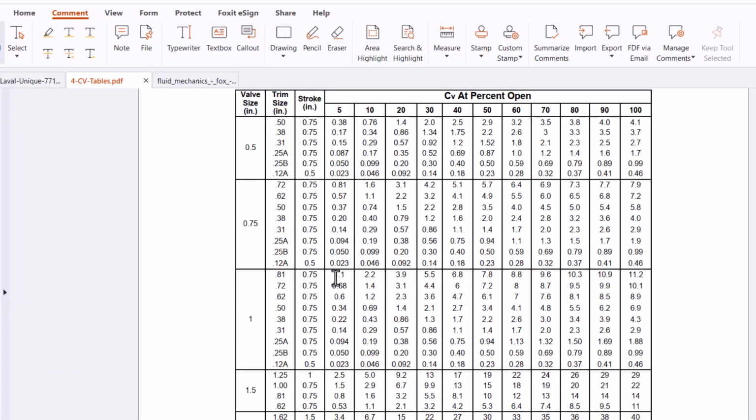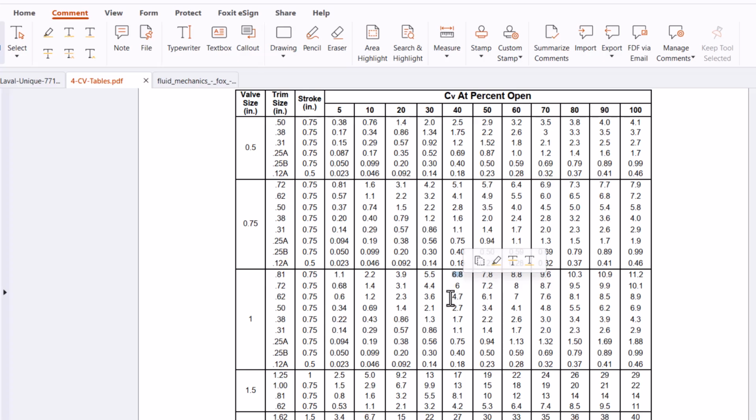Now, to check if I have modeled this valve correctly, I suppose that it is at 40% open position. By definition, if the valve is at 40% open position, then its flow coefficient is 6.8, meaning that if the flow rate is equal to 6.8 GPM, then the pressure drop has to be equal to 1 psi.